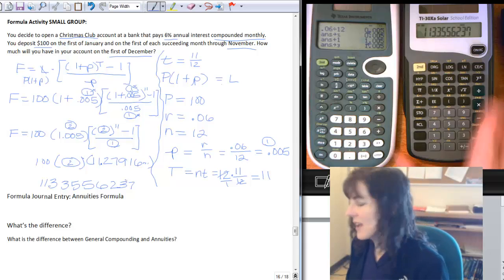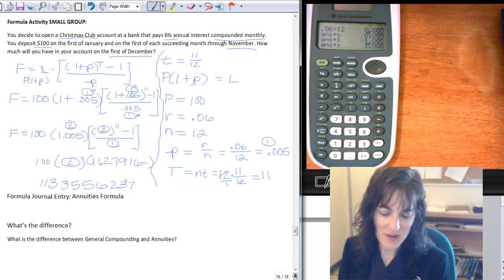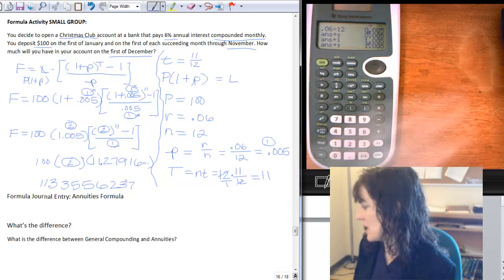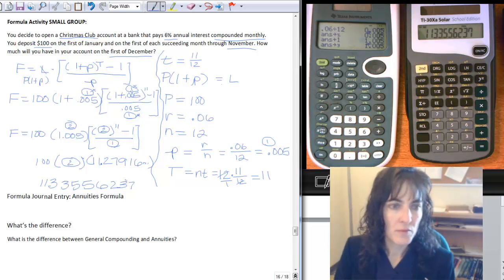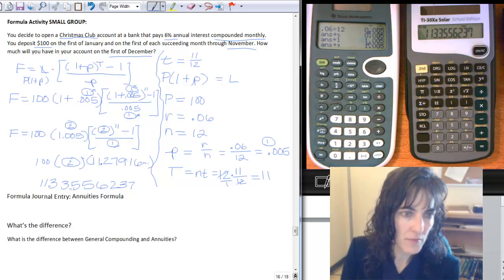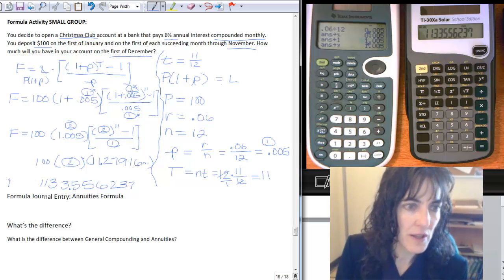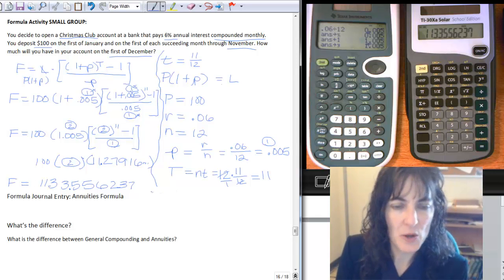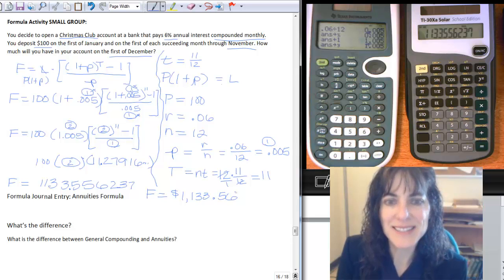It's 113,355,6,237, and I can't tell where those decimals are. It's after the 3. So that's my F equals, and so what I would say for this one is that F equals 1,133.56.